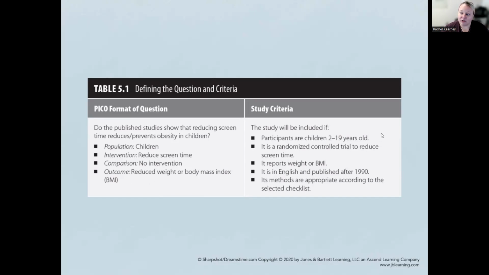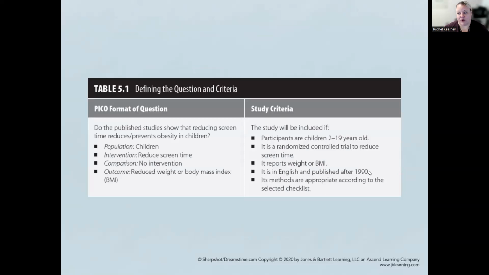And so if this is what you're studying, then the criteria that you're looking for: participants would need to be children within a certain age. You would look at randomized control trials, possibly only looking at those. The outcome would have to be reported in weight or BMI. If you can only read English, then the limitation would be you can only read studies published in English.